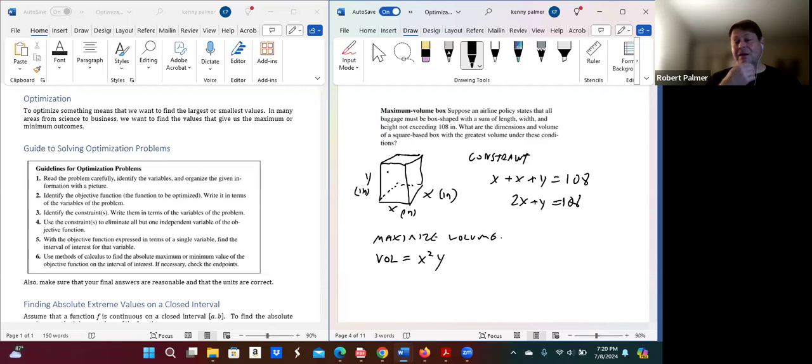All right, now once again, like our previous example, we have something now with two variables. We need to get this down to one variable. Okay, so I want to write y in terms of x using our constraint.